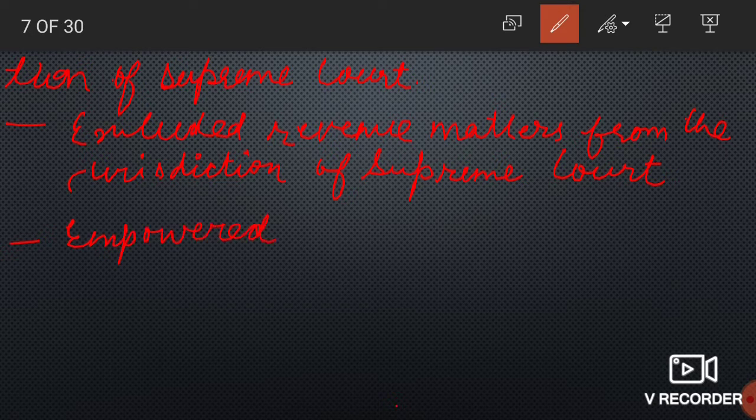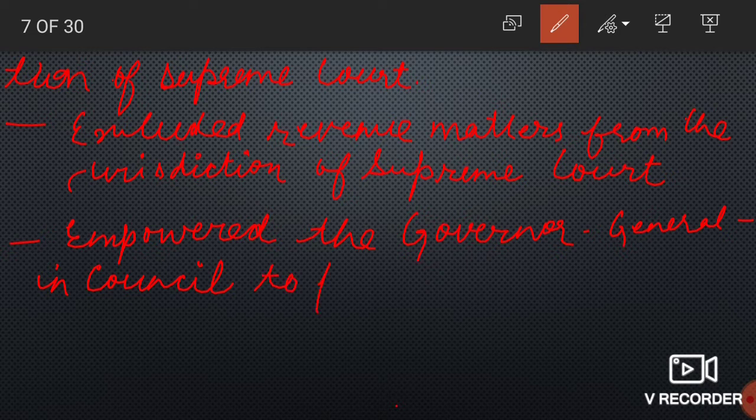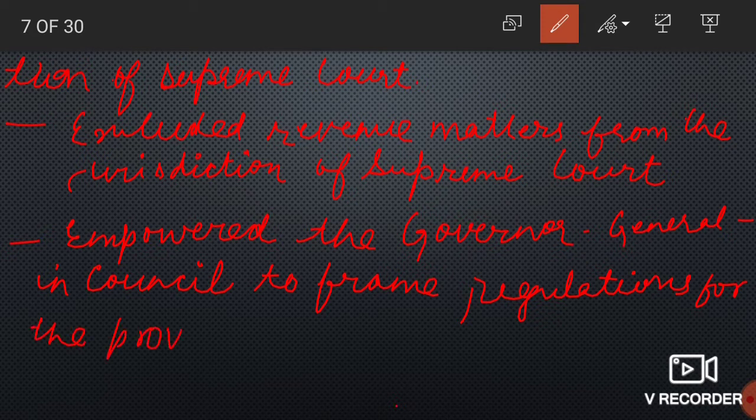It empowered the Governor General in Council to frame regulations for provincial courts and councils.